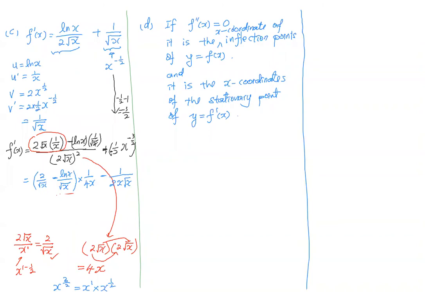Clear? So what do you mean by inflection point? An inflection point is a point on the graph whereby the shape of the graph changes. Clear?